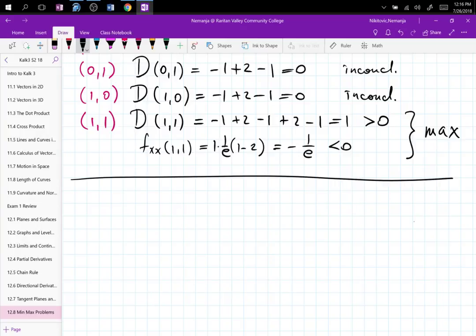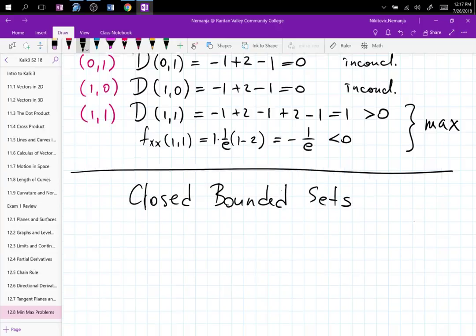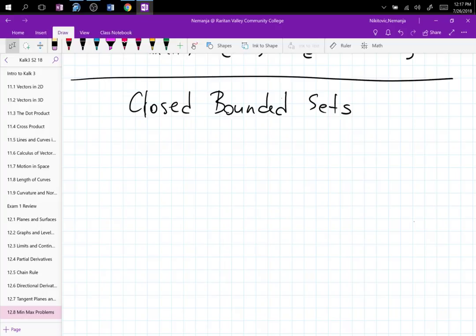So now min-max points can occur on the boundary. So I want to think about closed bounded sets. This is just mathematical way of saying you can pick the object up, right?